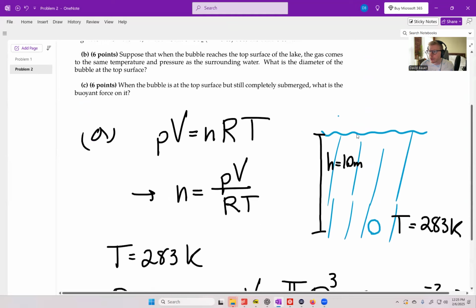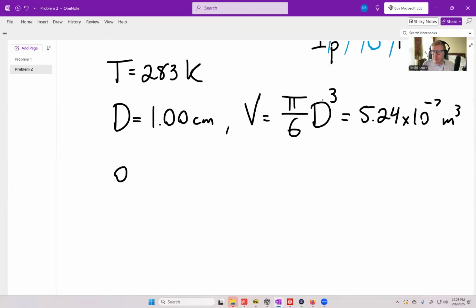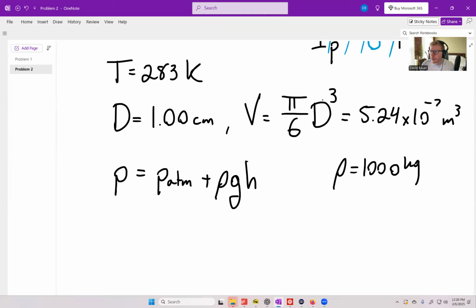And for the pressure, again, we're assuming atmospheric pressure at the top here. So my pressure at the bottom I can get using the hydrostatic pressure formula. Okay, my density, just the density of water, 1,000 kilograms per cubic meter.